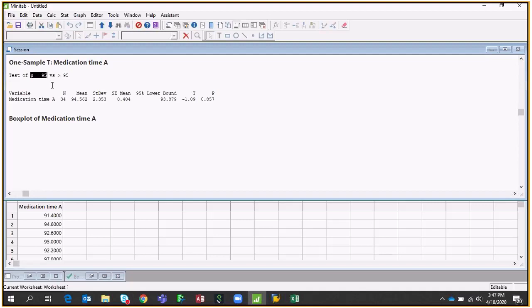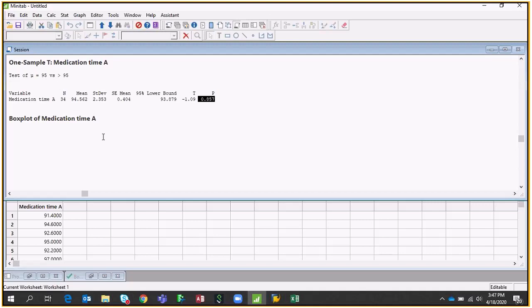By looking at the data, you can directly check the p-value. It is much higher than 0.05, so I cannot reject the null hypothesis. So I will say the mean is equal to 95, or in other words, the mean is not greater than 95, because our alternate hypothesis is greater than 95.